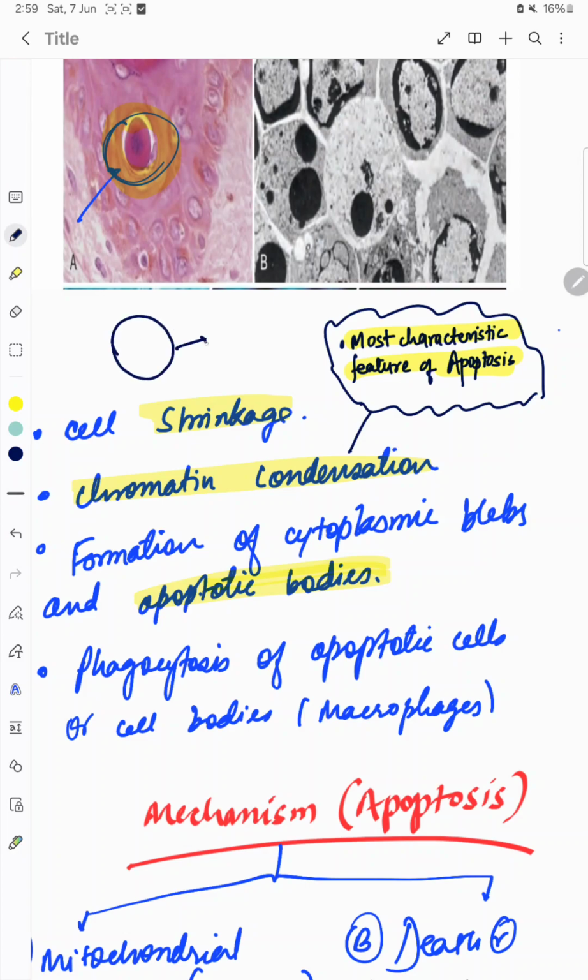The cell is converted into small apoptotic bodies, followed by phagocytosis of apoptotic cells or apoptotic bodies by the macrophages.